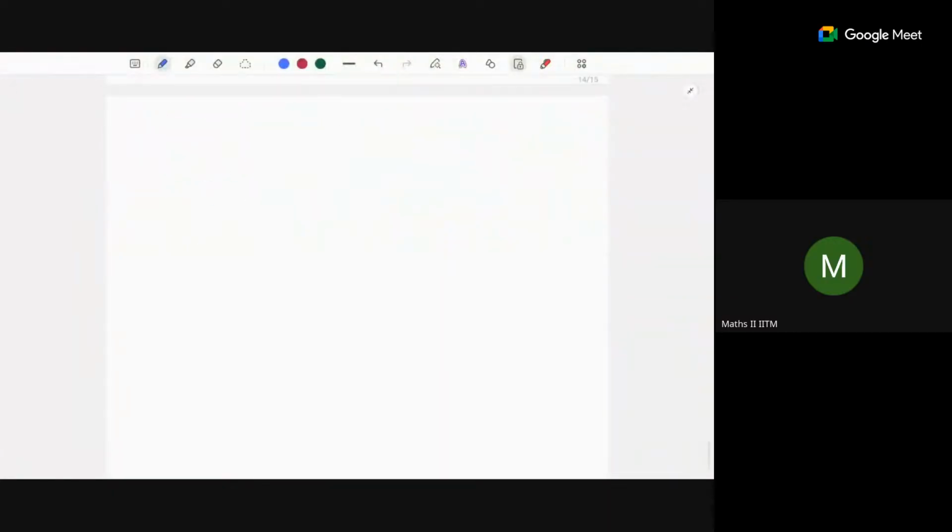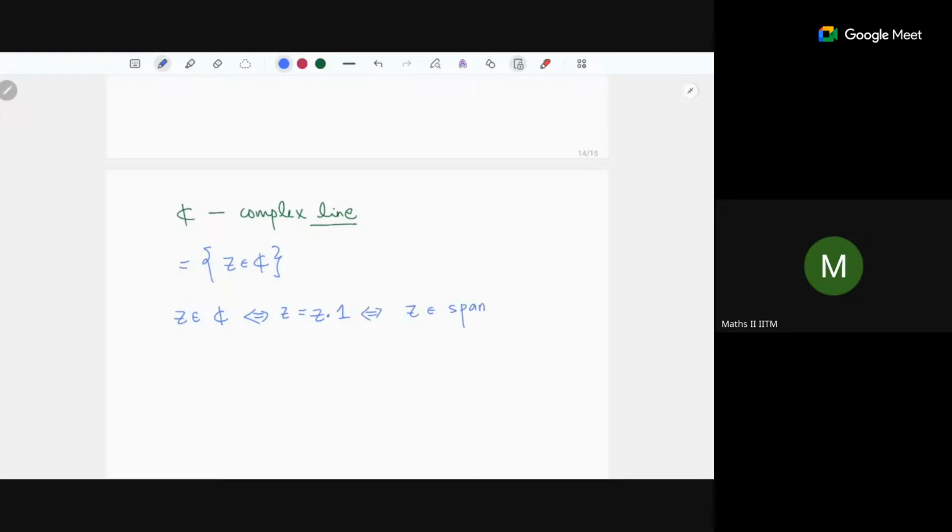So what I'm saying is that you have a complex line. When I say a complex line, that means it is the set of all points z in C. Now you can write any point z in C as z times 1, which is the same as saying that z lies in the span of 1.